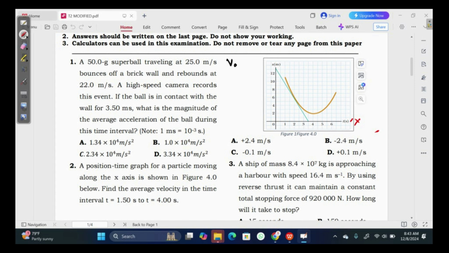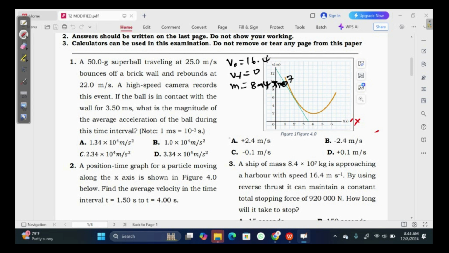So I know the initial speed I've been given, it was moving with 16.4. The final is definitely 0. I have the mass being equal to 8.4 times 10 raised to the power 7.